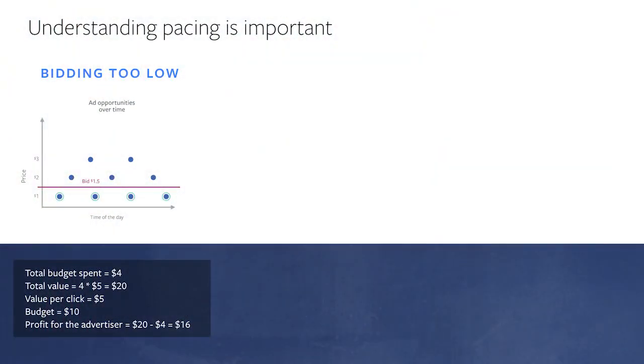So let's take a quick look at how that could be. First thing is, in these graphs, time of day is along the bottom and price up the side, and this is the number of ad opportunities that are available over time.